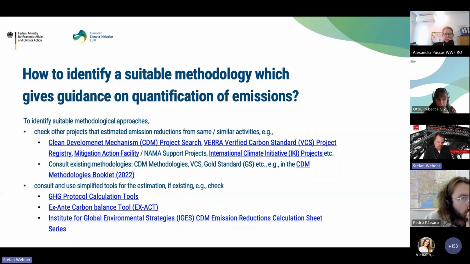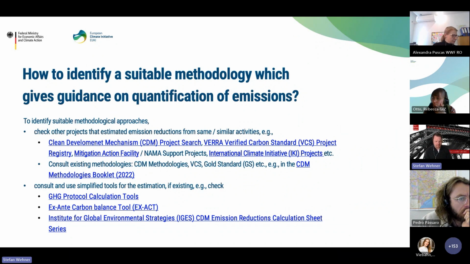A good start, often as I would recommend, is also to look into the Greenhouse Gas Protocol, which also provides tools and methodologies. For example, one tool related to the causal chain, but then also on how to calculate this.